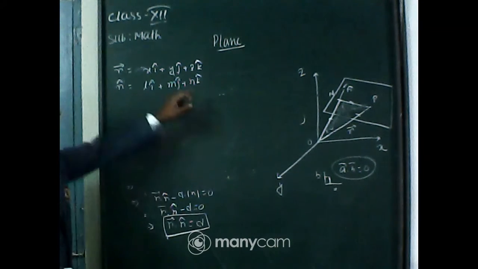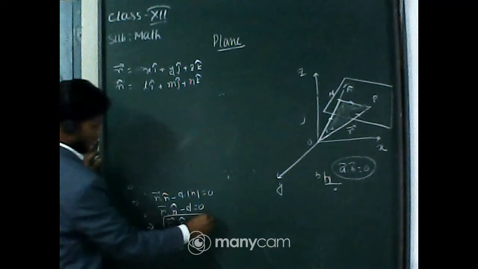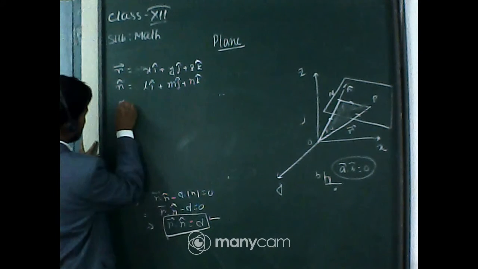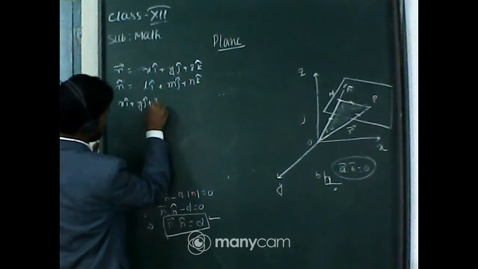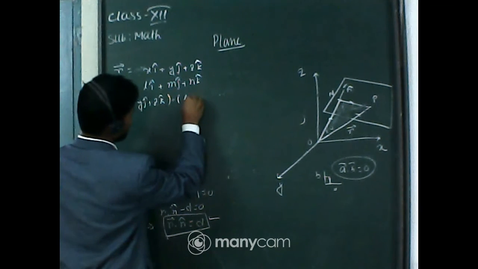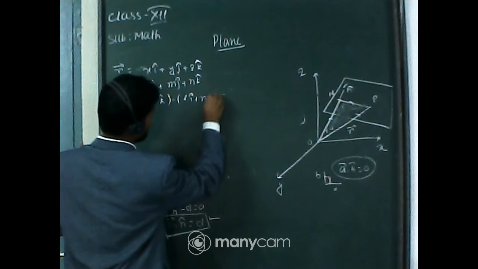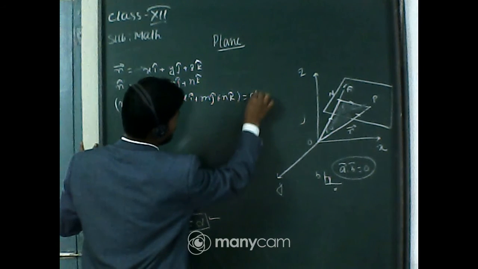Now put these two vectors in this equation. So we have (x i plus y j plus z k) dot (l i plus m j plus n k) is equal to d.